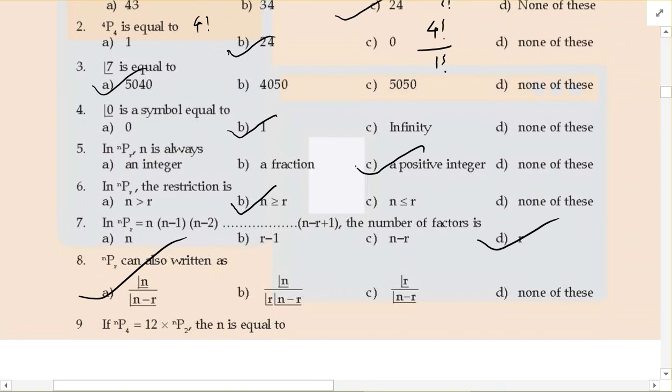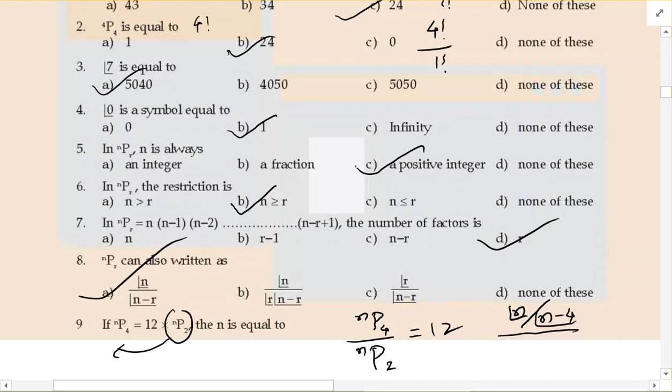If nP4 is equal to 12 times nP2, then n is equal to? So what we can do, we can take this side in the denominator. So nP4 by nP2 is equal to 12. n factorial by (n minus 4) factorial, and this one is n factorial by (n minus 2) factorial, is equal to 12.